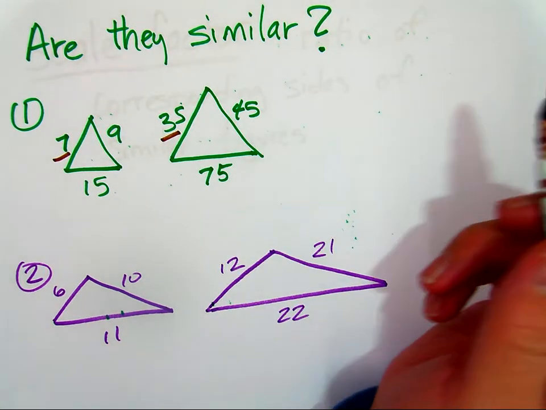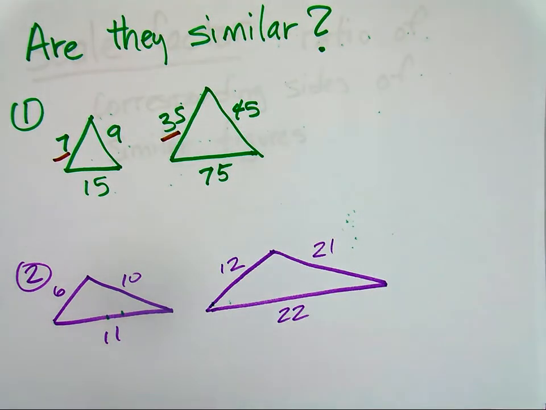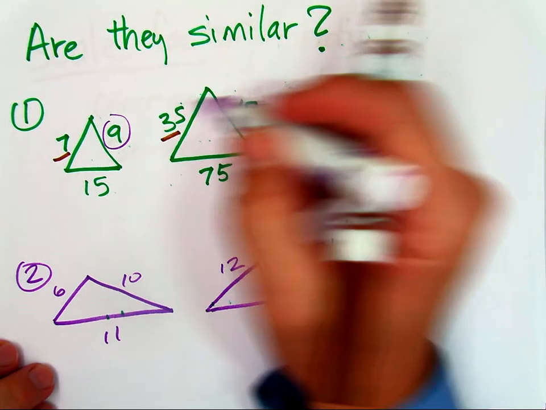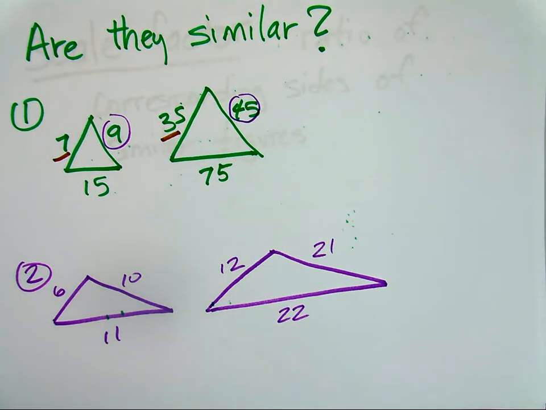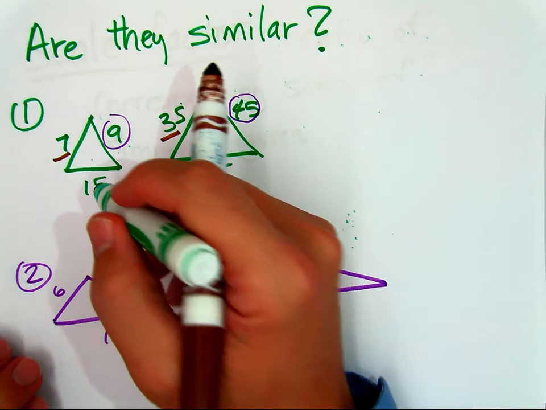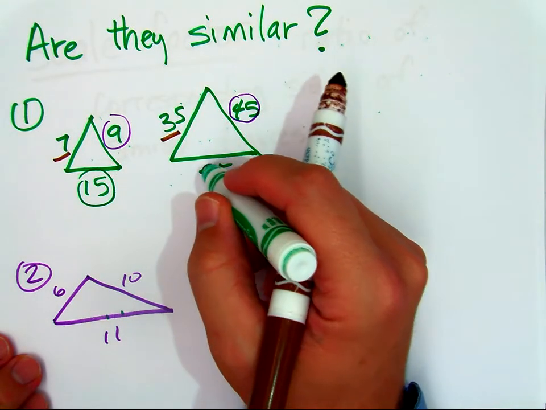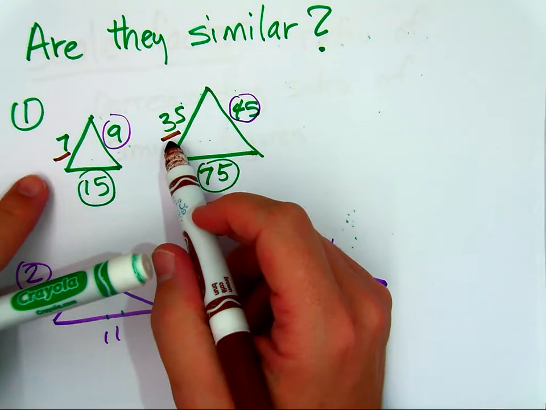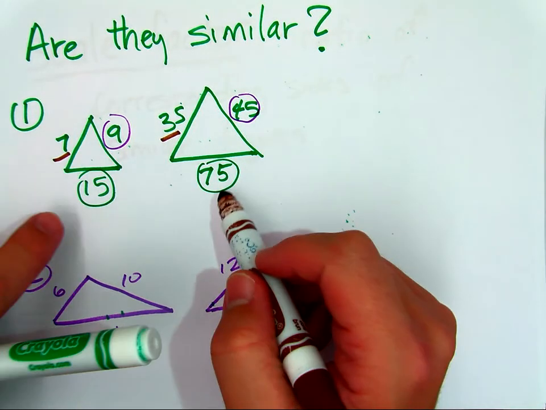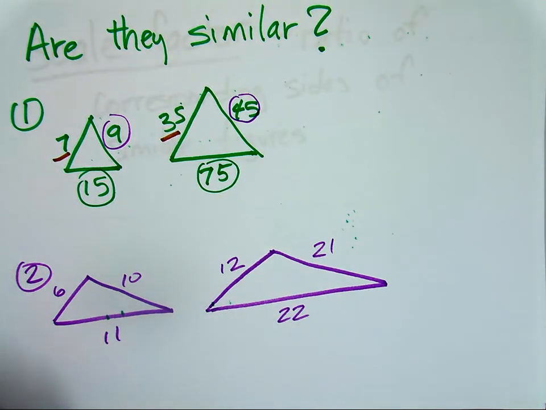Those are the two shortest sides. 9 matches up with the 45. That's the next side. And 15 matches up with 75. Shortest, second shortest, longest.